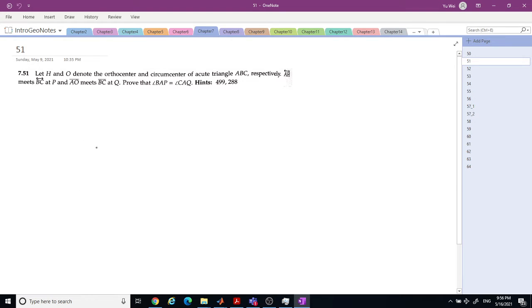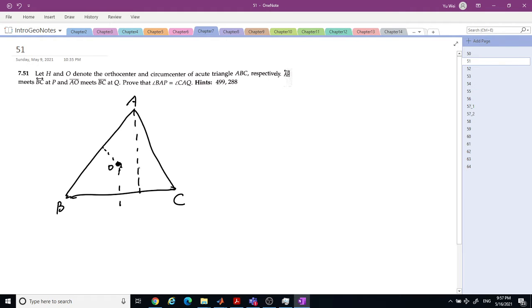So let's assume H and O denote the orthocenter and the circumcenter. We have a triangle ABC, and we know O and H are the circumcenter and the orthocenter.